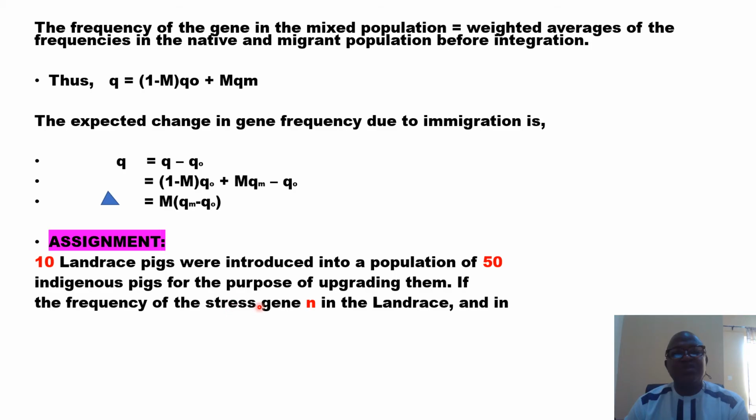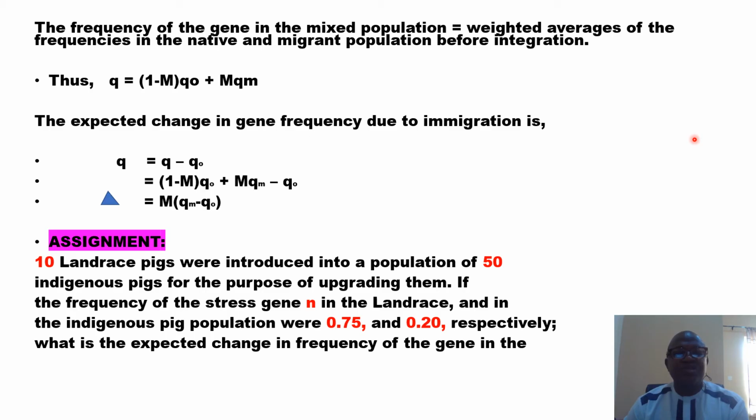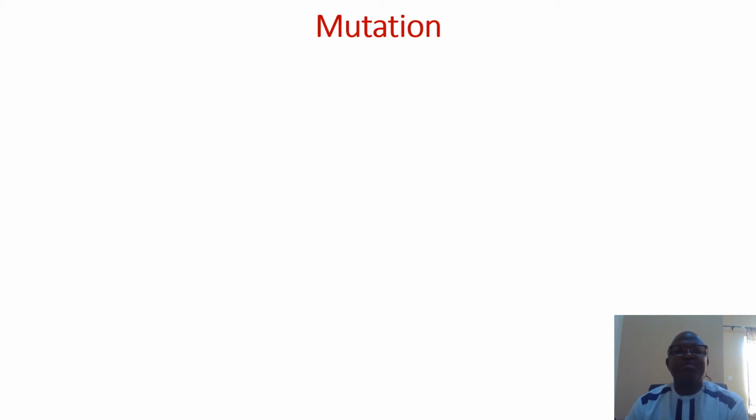If the frequency of the stress gene, represented by N, in the landrace and the indigenous pigs were 0.75 and 0.2 respectively, we are expected to calculate the expected change in the frequency of the gene in the local population as a result of the introduction. If you go through the processes from the first formula to this one, you will be able to solve this assignment.